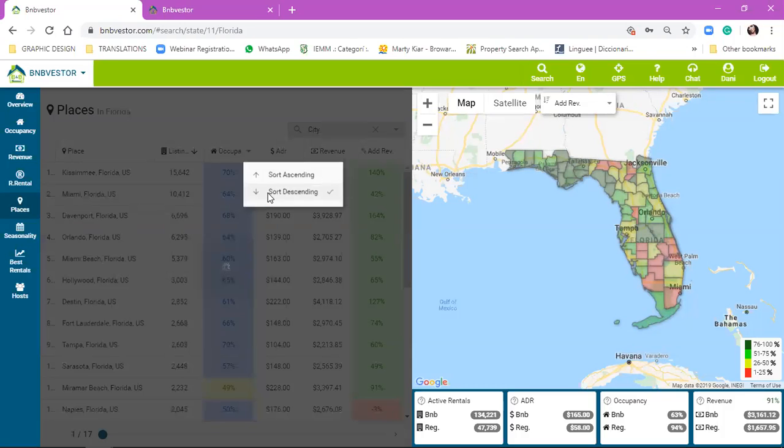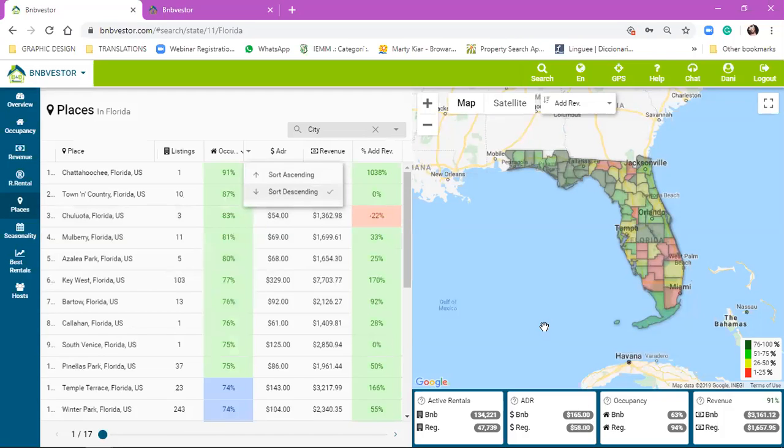Now, the highest occupancy rate is, forgive me if I pronounce it incorrectly, Chattahoochee, Town and Country, Chuluota, and Mulberry.